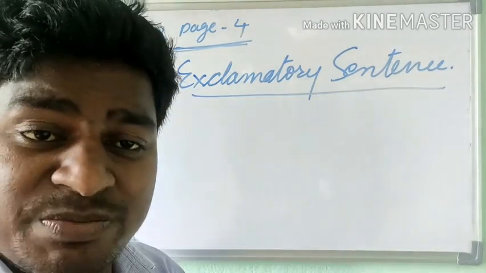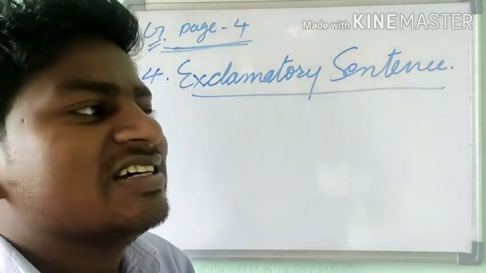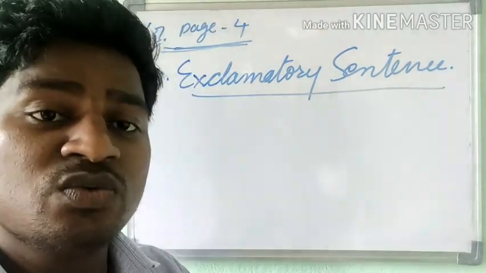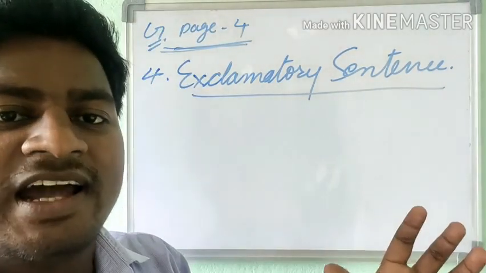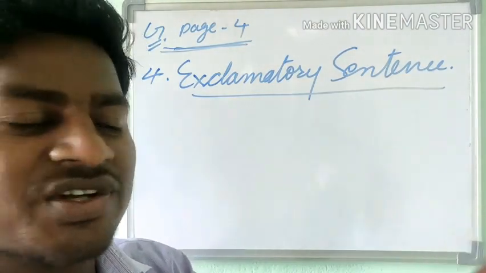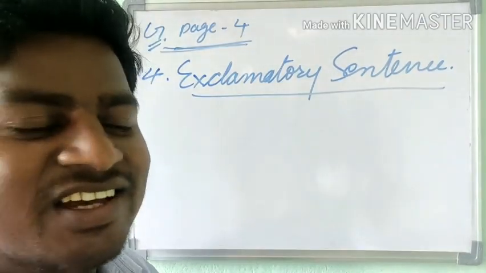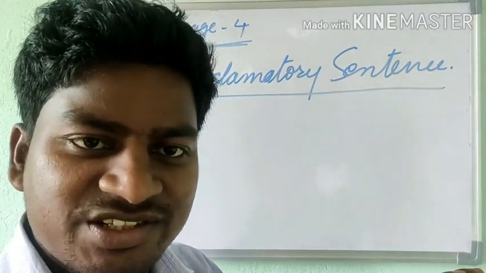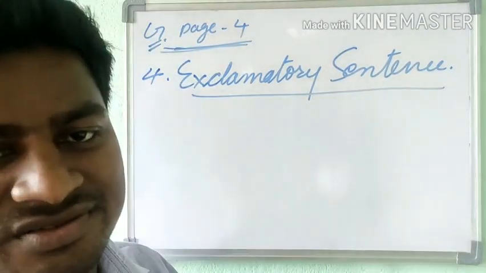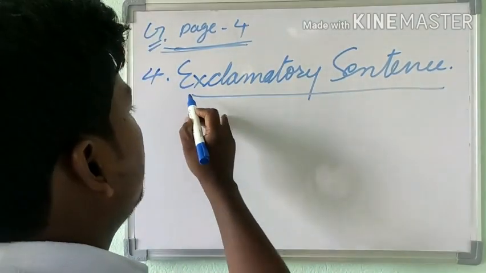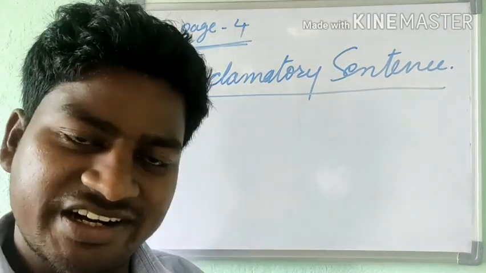And because of that, we make some kinds of sounds. And those sounds come out and take the form of words. And it becomes a sentence. So those kinds of sentences that express our feelings are in the category of exclamatory sentence.